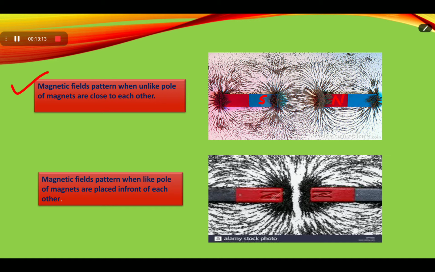And when the unlike poles of magnets are close to each other, in this case, we know that the magnetic field lines always originate from the north pole and end on the south pole. So, the magnetic field lines originate from this north pole and end on the south pole.